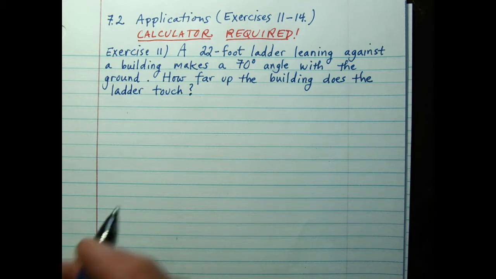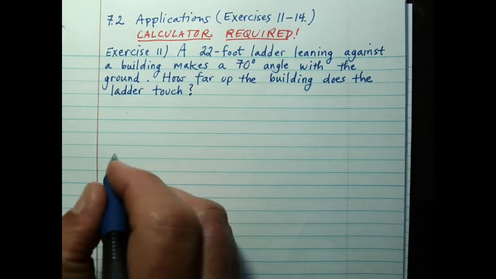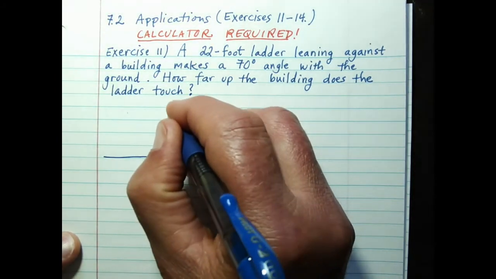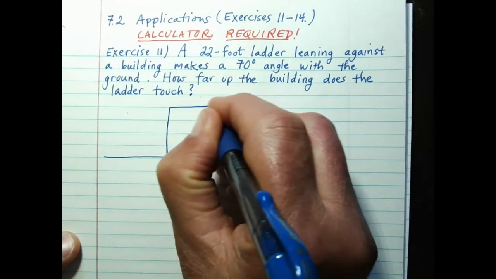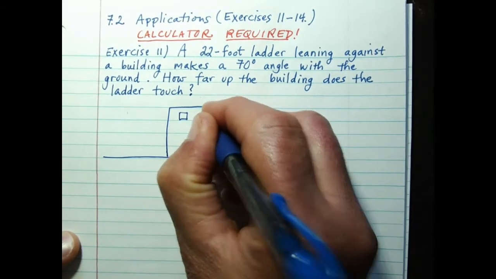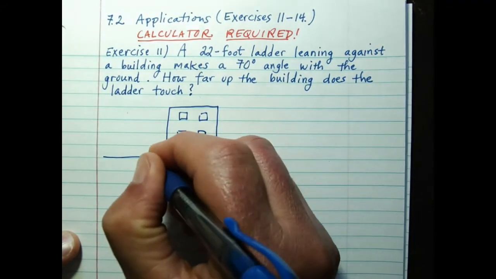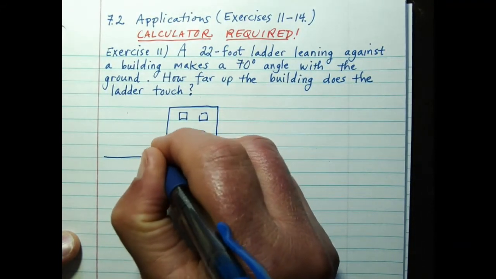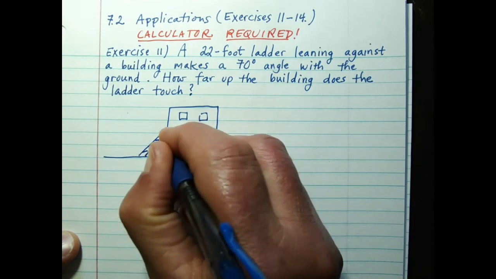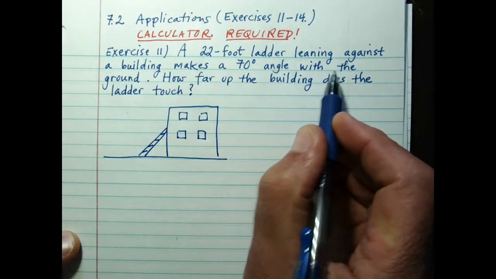So let's see if we can draw a picture to describe this situation. So we got our ground, and we got our building. And then we got this ladder from the ground reaching up the side of the building, and it makes a 70-degree angle with the ground.